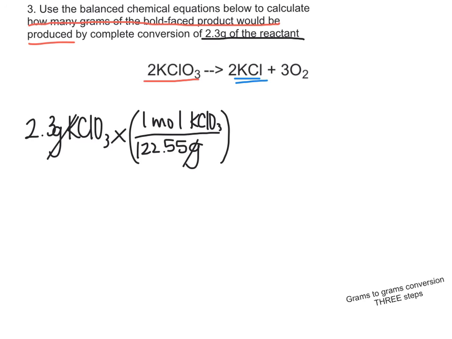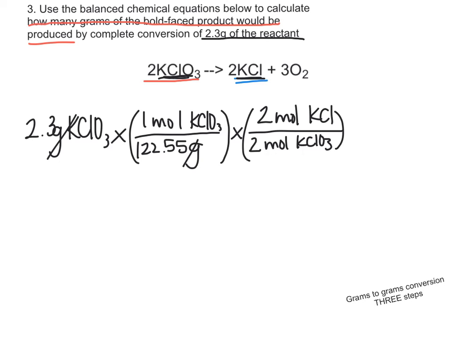Now I need to use my mole ratio from my balanced reaction to go from moles of KClO3 to moles of KCl. So I want to cancel moles of KClO3, and in my reaction I have 2 moles of KClO3, and I have 2 moles of KCl. So my mole ratio really is a 1-to-1 ratio, but I use it to cancel out KClO3. So now I'm dealing with KCl.